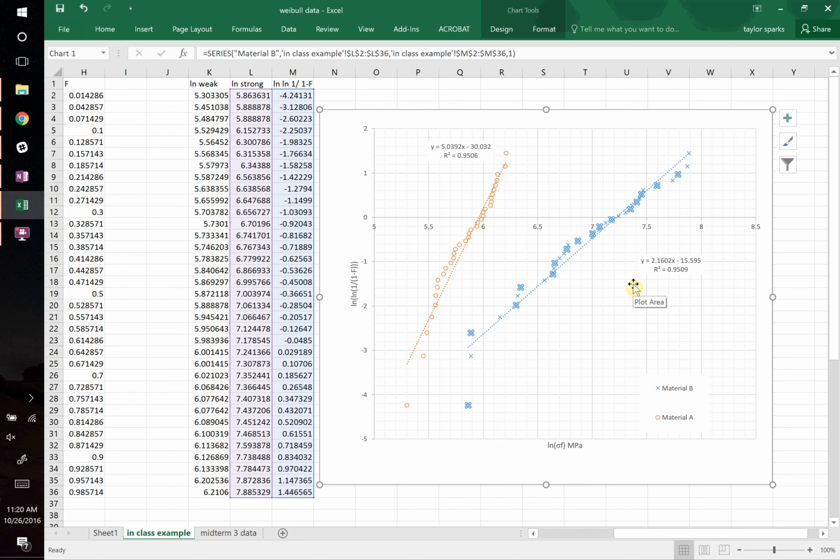So which one is better? Now we can actually start answering that question, because at some point these lines are going to intersect. They're going to intersect somewhere around here, and at that point, if you're talking about failures in that regime, you might actually prefer the on average weaker sample because that's a tighter distribution. We'll do an example in a moment.